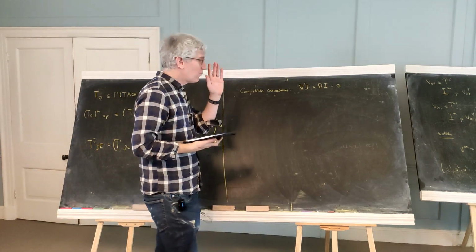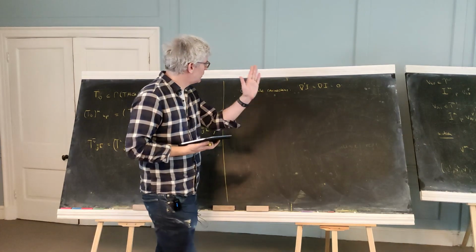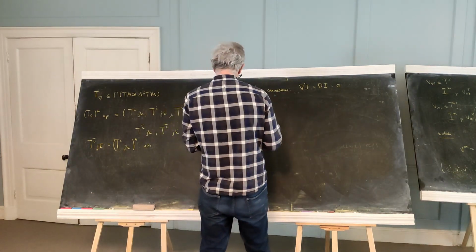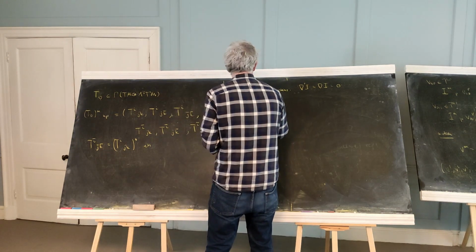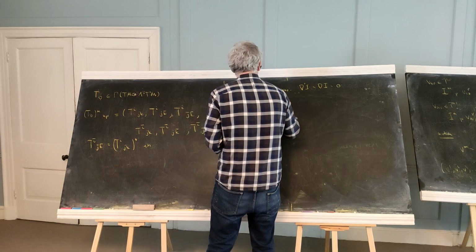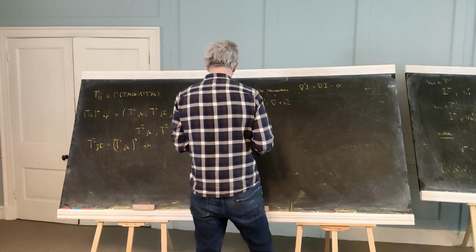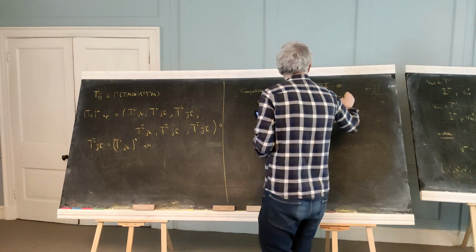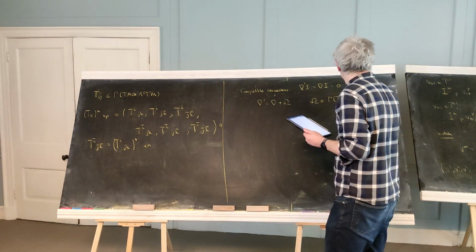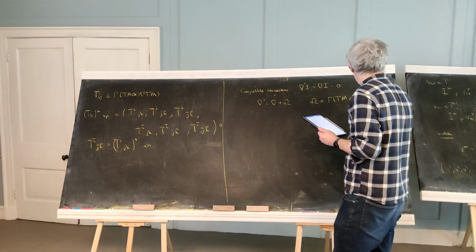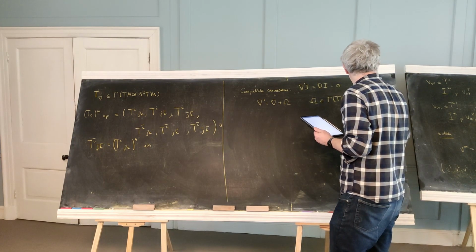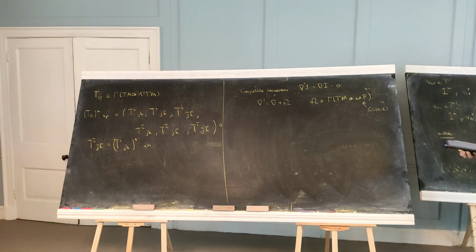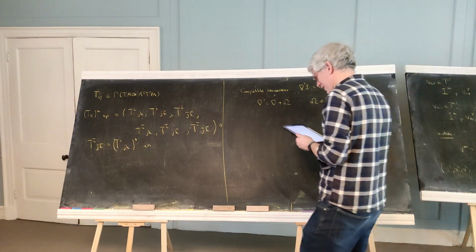The question is, within the set of all connections, can we find one that's torsion free? So I can always write this thing as this one plus some omega. And remember we said that omega had to live in T star m tensor the adjoint of here. This is for GLNC, right? So what's the adjoint of GLNC?